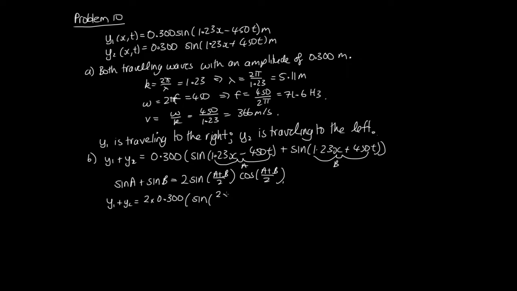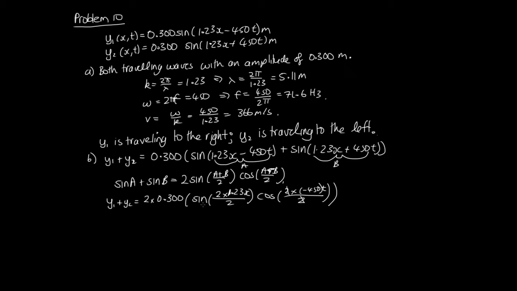Okay, so using this rule, we've got y1 plus y2 is equal to 2 times 0.300 times sine of A plus B on 2. When we add this plus this, the minus 450t will cancel out with the 450t. So we'll have 2 times 1.23x over 2, and then times cos of, sorry, that's a typo, that should be A minus B. So now we're doing this minus this. When we subtract this from this, the 1.23x's cancel out, and we end up with 2 times minus 450t on 2.